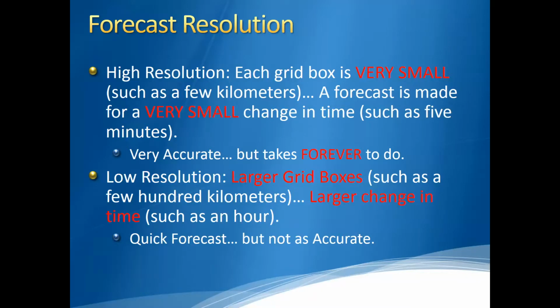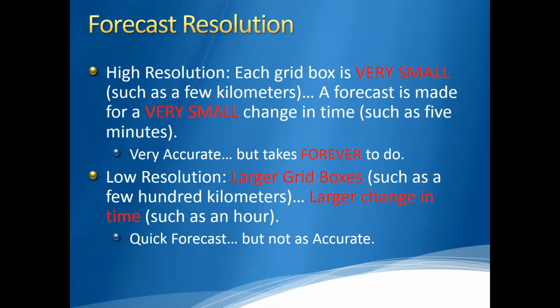On the other hand, if the resolution is lower, this means that those grid boxes are larger. So instead of representing a few miles, they may represent a few hundred miles. And that change in time, instead of being every 5 minutes, is going to be a longer change in time, such as an hour.